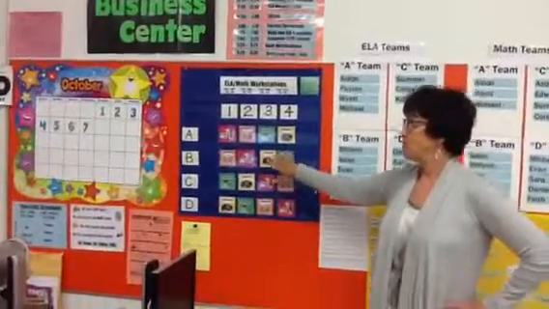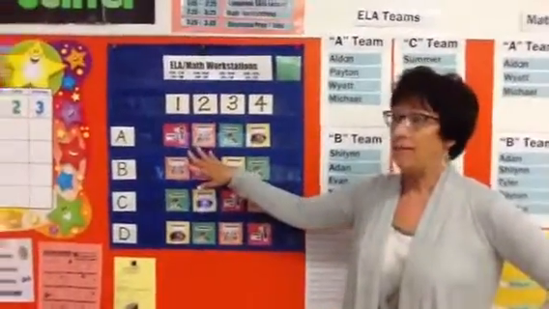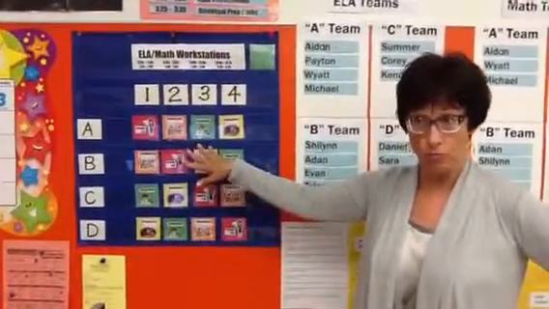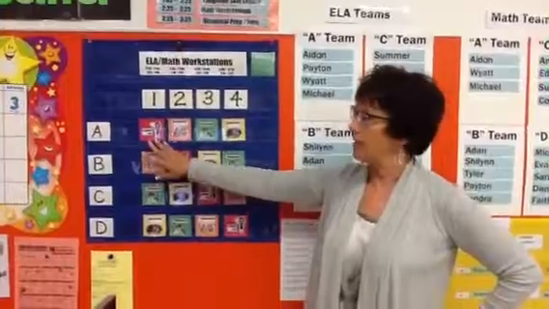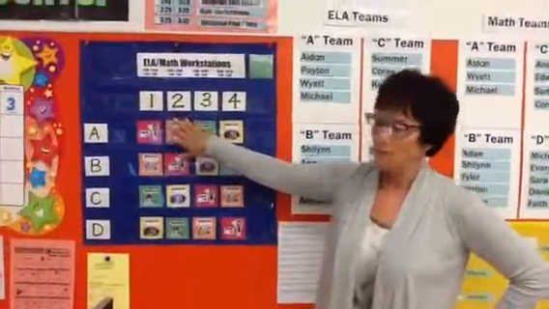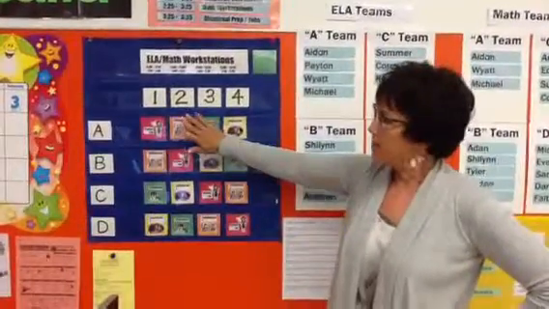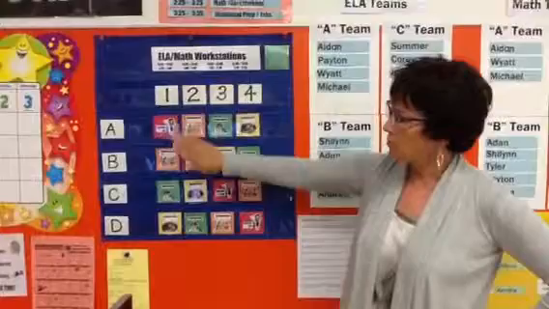When we get ready to move from station to station, I have a timekeeper, a student responsibility, who takes the timer and calls the groups to the activity or table that they're to start at. Team A would come to the teacher-led station first.